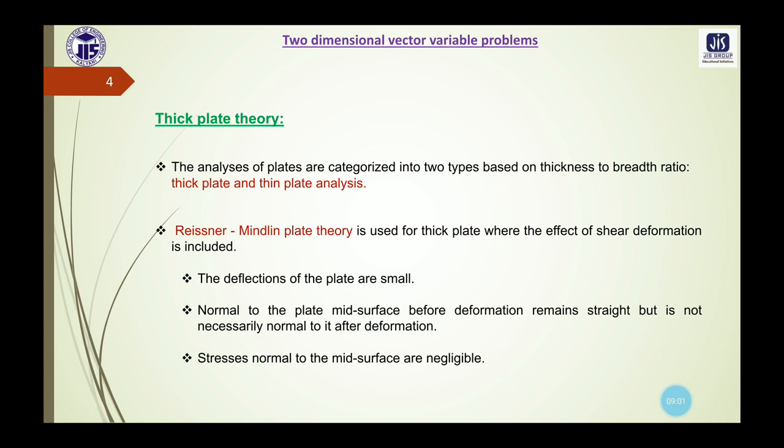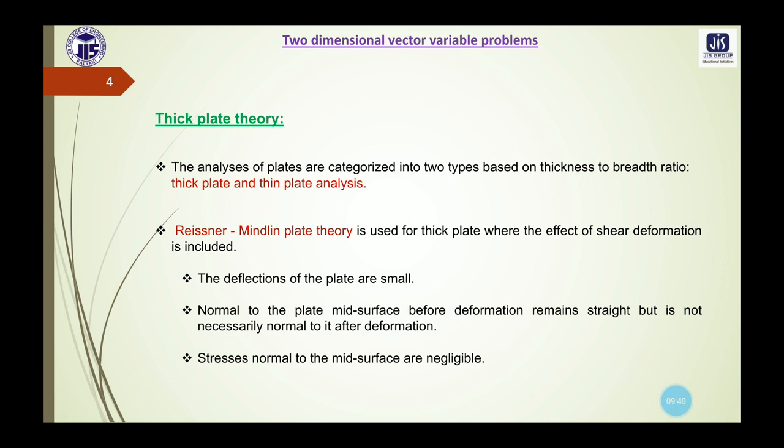It does not require the cross section to be perpendicular to the axial forces after deformation. That was one of the assumptions of Kirchhoff's theory, which is not required in this Mindlin plate theory.